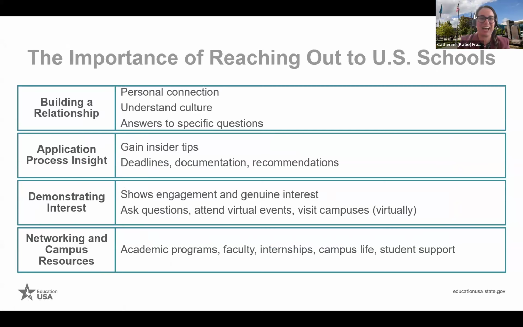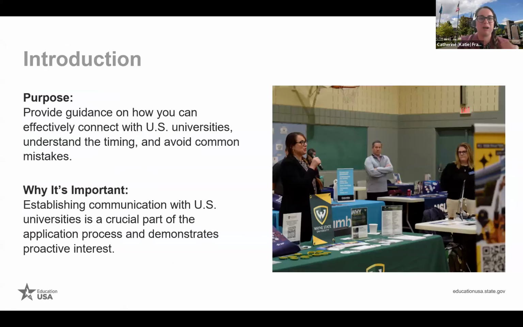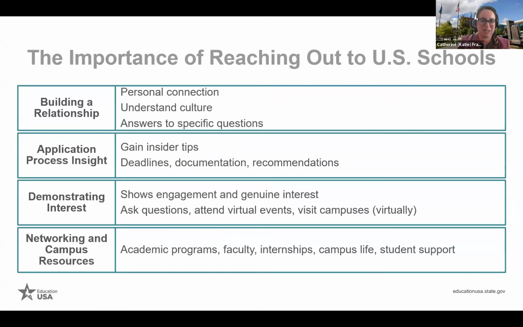All right. So I had just talked about the purpose and why it's important: building relationships and also the application process. Obviously that personal connection is key. And then also figuring out more of the application process, finding out deadlines, specific documentation, because every university is going to be a little bit different, as well as how many letters of recommendation they need, if any.